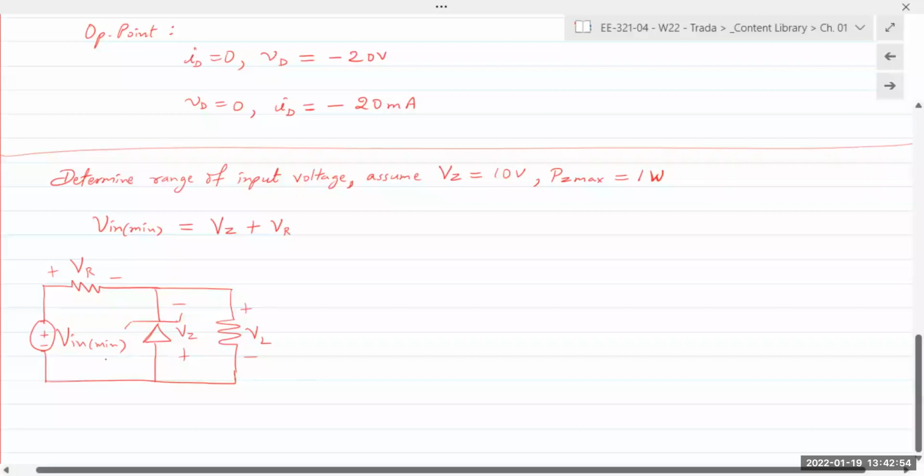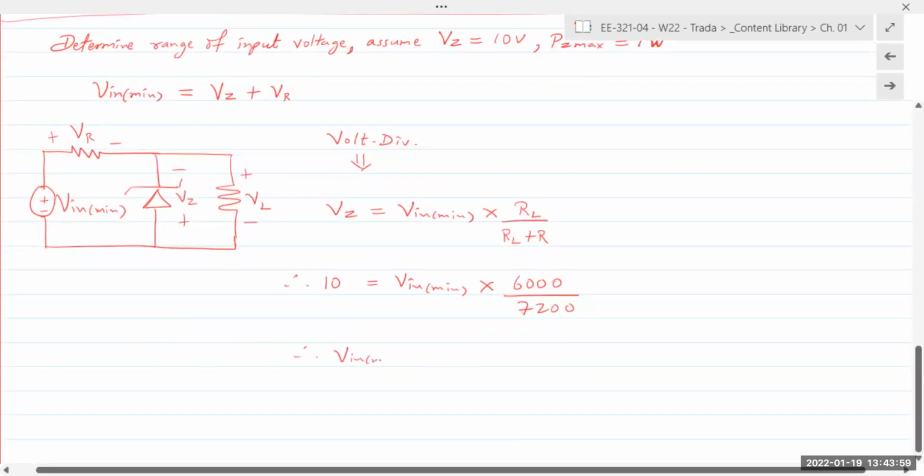So if I write out the voltage divider expression, from voltage division, I get VZ equal to V in minimum times RL over RL plus R. So that comes out to 10 is V in minimum times RL, what do we say RL was? 6,000 over 7,200.